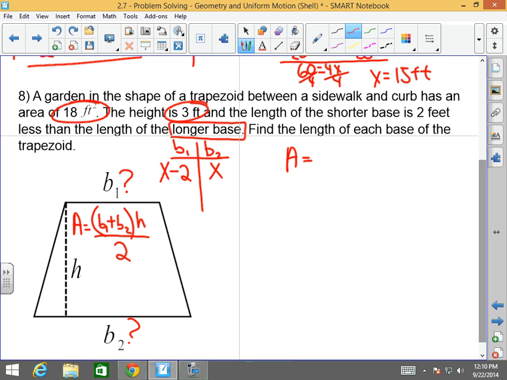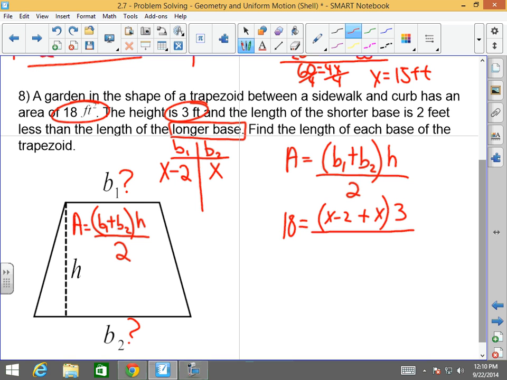Area equals base 1 plus base 2 times height divided by 2. The area they already gave you is 18 equals base 1, which is x minus 2, plus base 2, which is x, times height, which is 3, divided by 2.